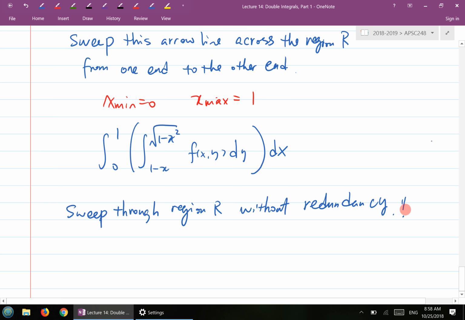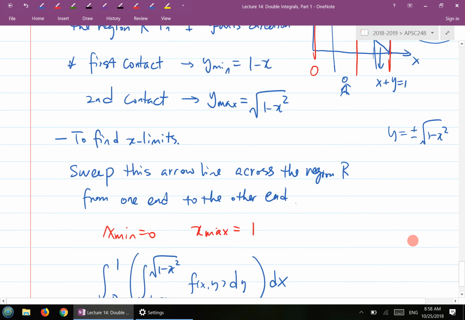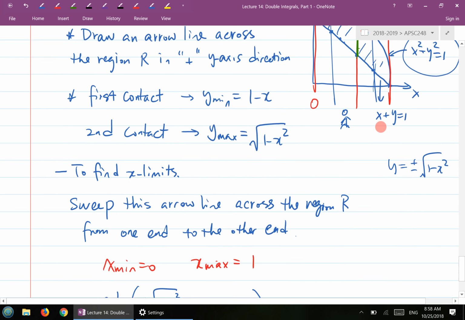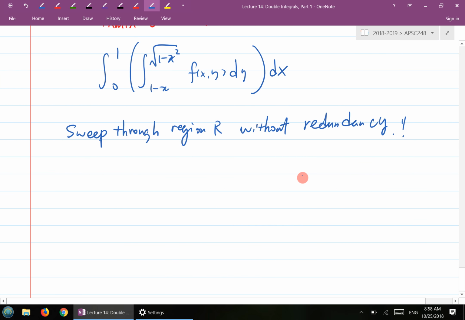If I change the order of integration, for example, this is dy dx, you can certainly try it out yourself using the same region R. The first step, instead of drawing an arrow line this way, is to draw an arrow line like this.